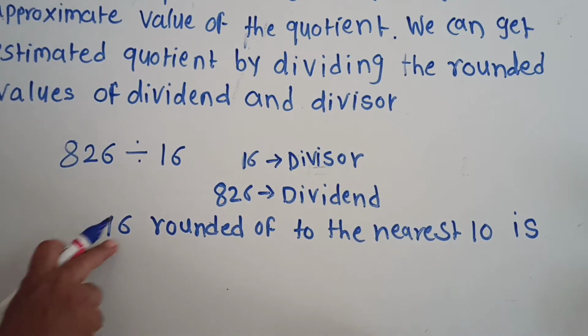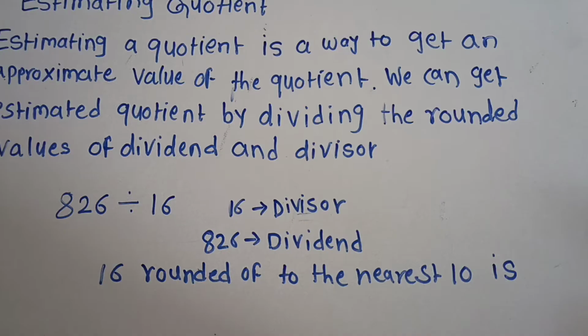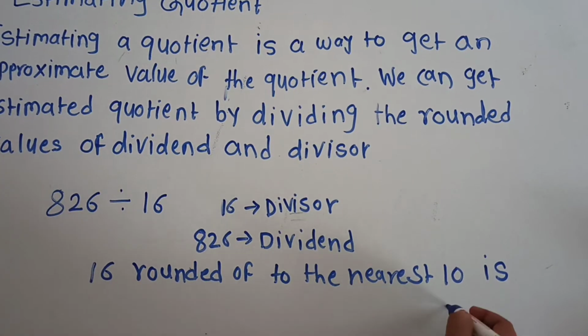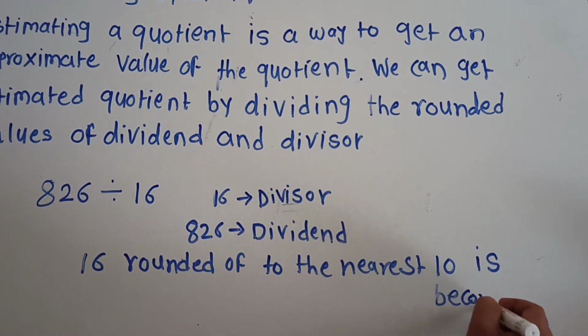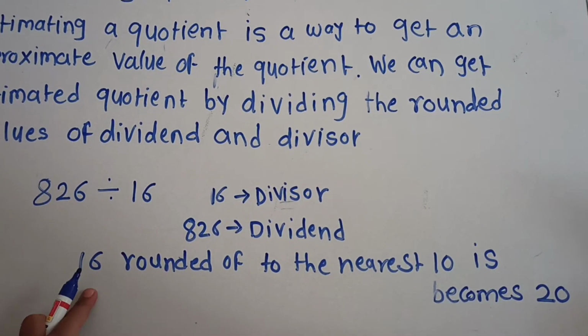So 16 rounded off to the nearest 10 becomes 20.